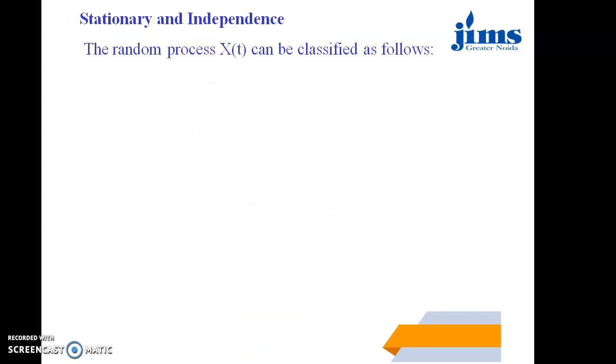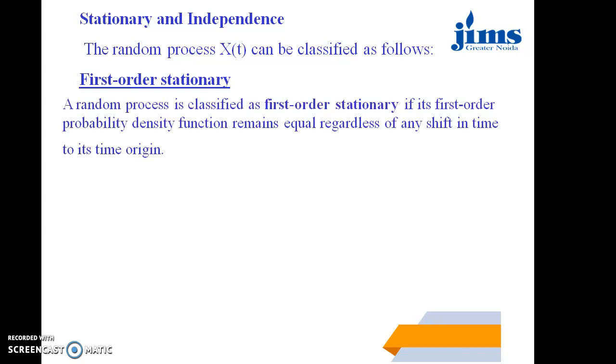So the random process X(t) is classified in the following ways: first order stationary random processes and second order stationary random processes. The first order random process involves the probability density function, and it may have any time shift.